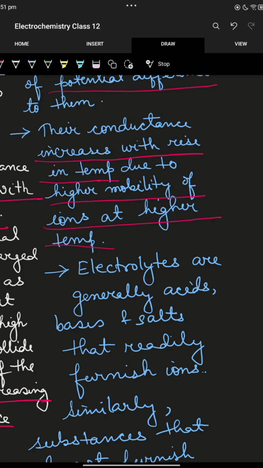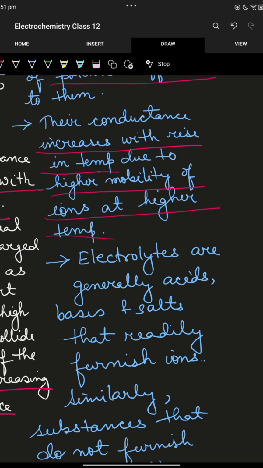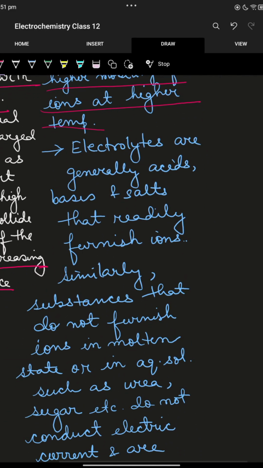When temperature increases, the mobility of the ions also increases, for which the conductance increases. Now, electrolytes can be acids, bases, and salts as well. Why? Because all these acids, bases, salts give ions in their molten or aqueous solution state.